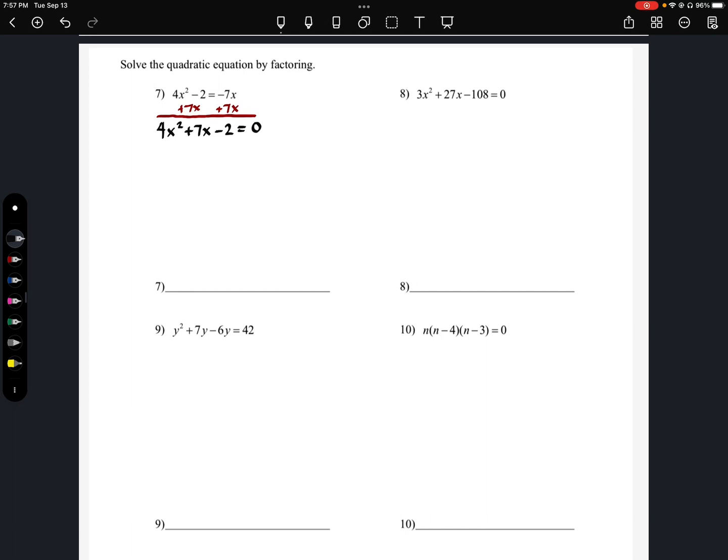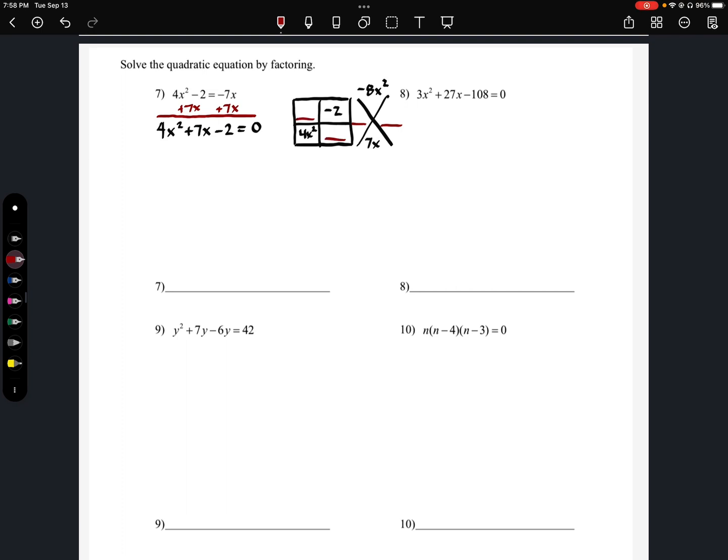So for this one, maybe we'll go ahead and use our generic rectangle just to factor it. So we've got 4x squared. We've got negative 2, we multiply them, we get negative 8x squared. In the bottom, we've got 7x. Now we're looking for factors of negative 8 that will add to 7.